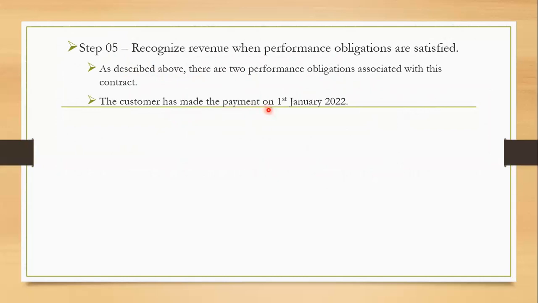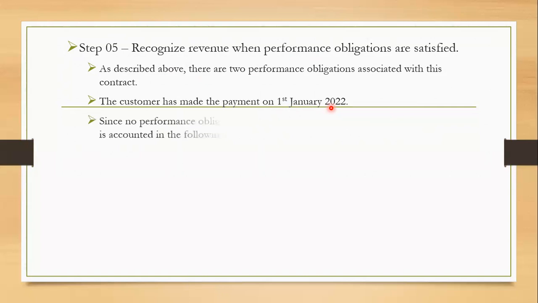Now I am going to illustrate how we are going to record this transaction. Based on the given scenario, the customer has made the full payment, that is 1.2 million, on 1st January 2022. That is the date we entered into the contract with the customer.